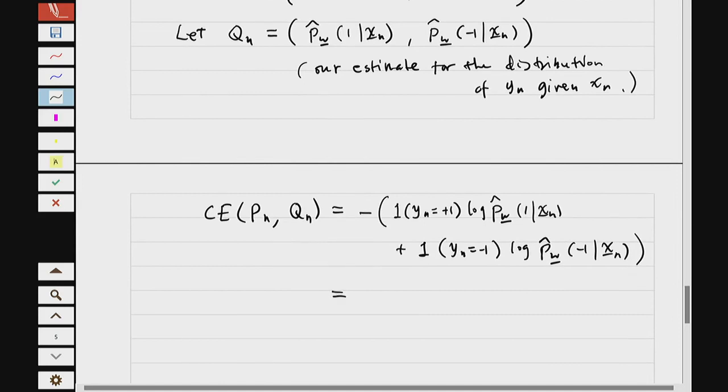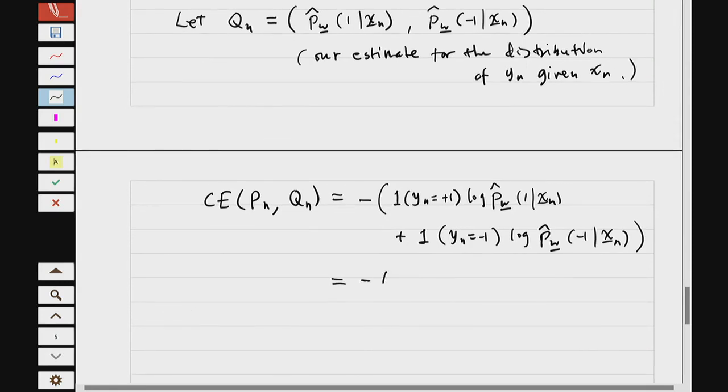Well, if you see this, what do you observe? This is an indicator function, right? Only one of them will be active at any point. For any value, only one of them will be active. So we can actually do our trick again to combine these two together into a single one, just using yn.